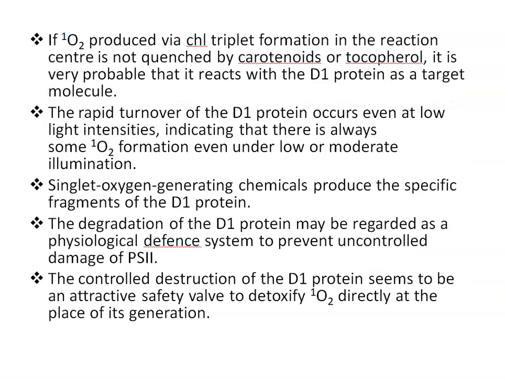If singlet oxygen produced via chlorophyll triplet formation in the reaction center is not quenched by carotenoids or tocopherol, then it is very probable that it reacts with D1 protein as a target molecule. So rapid turnover of D1 protein occurs even at low light intensities, indicating that there is always some singlet oxygen formation even under low or moderate light.